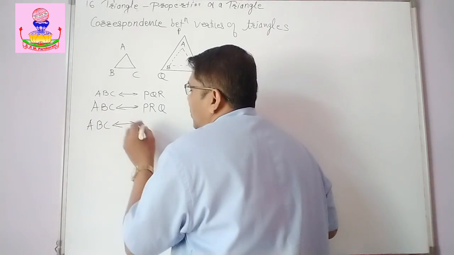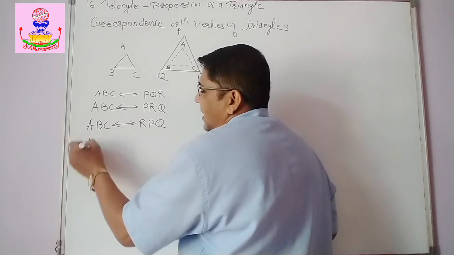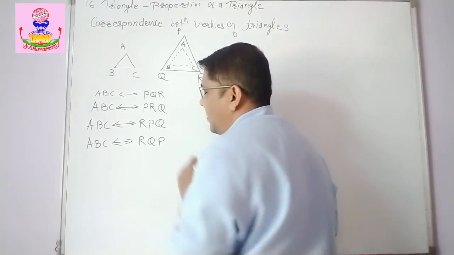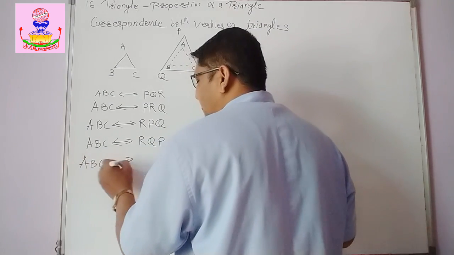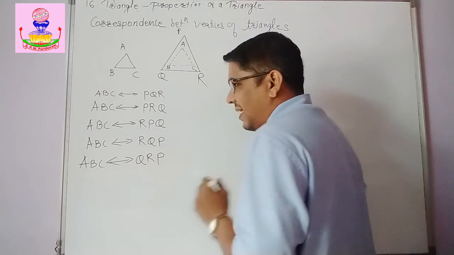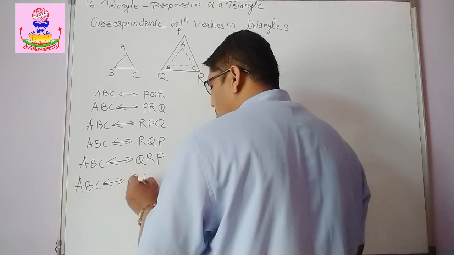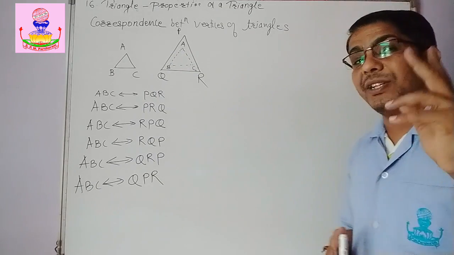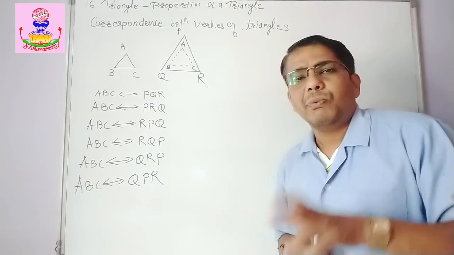Now, A, B, C is in one-to-one correspondence with R, P, Q. Now keep this fixed, change this: A, B, C with R, Q, P. Then A, B, C with Q, R, P, and A, B, C with Q, P, R. So we can write the one-to-one correspondence for any two triangles in 6 different ways.